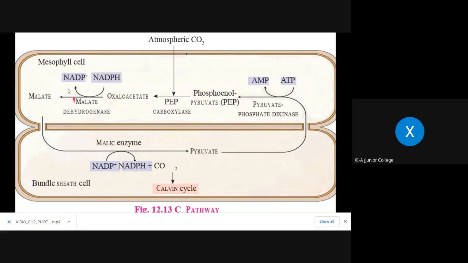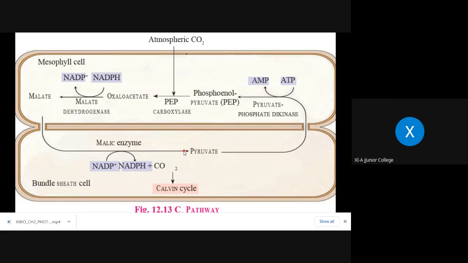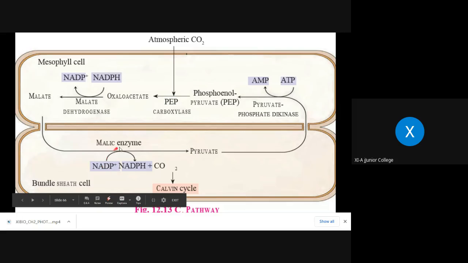This malic acid, or malate, enters the bundle sheath cells, where this 4-carbon malate is converted into pyruvate, or pyruvic acid, with the release of CO2, where NADP gets converted again to NADPH, and this CO2 enters the Calvin cycle, the C3 pathway, in the bundle sheath cells and produces glucose. The glucose is later stored in the form of starch and transported to the vascular tissue.